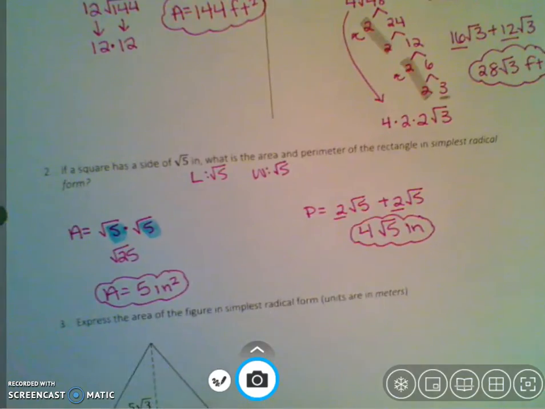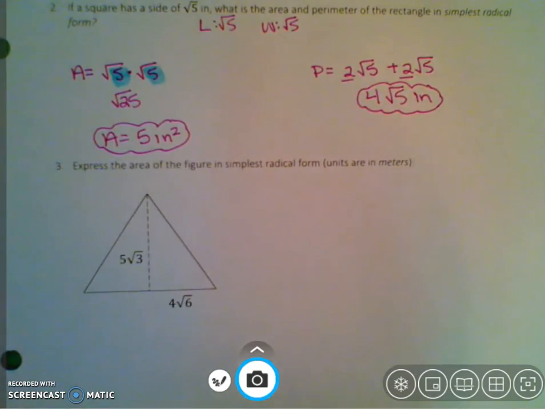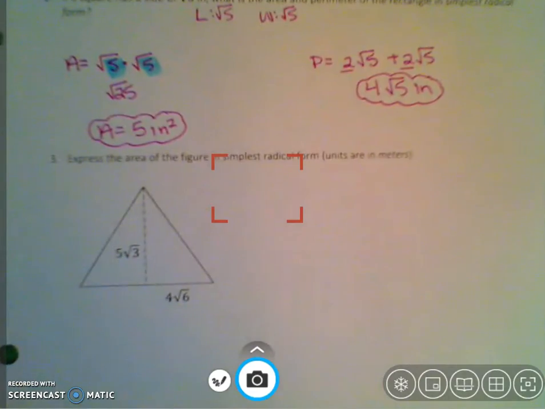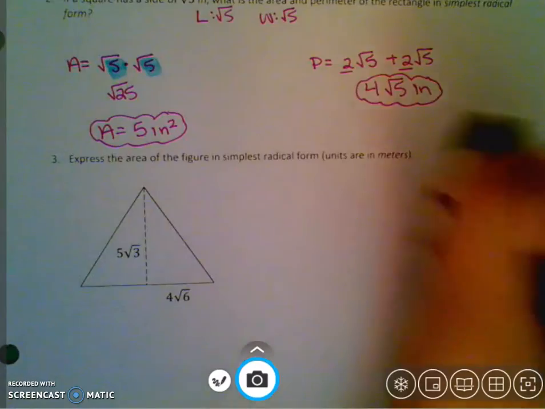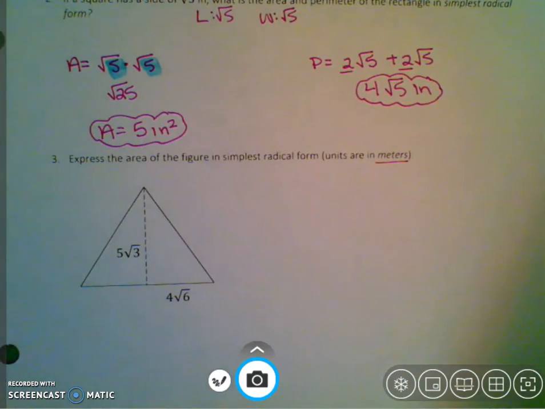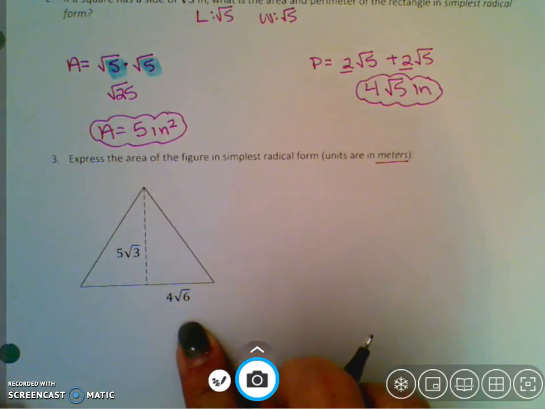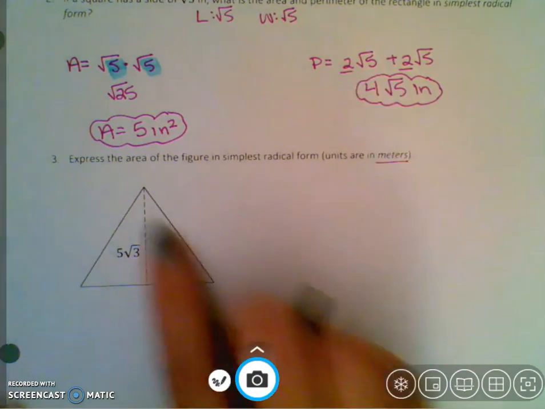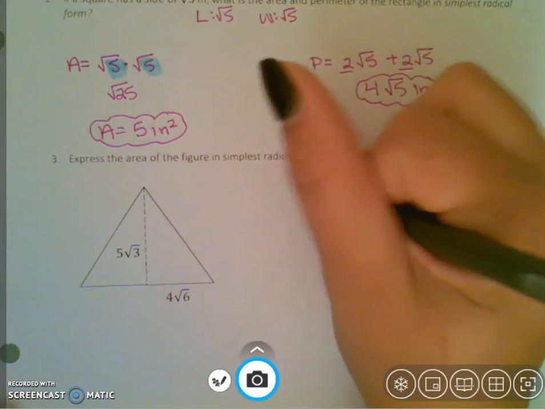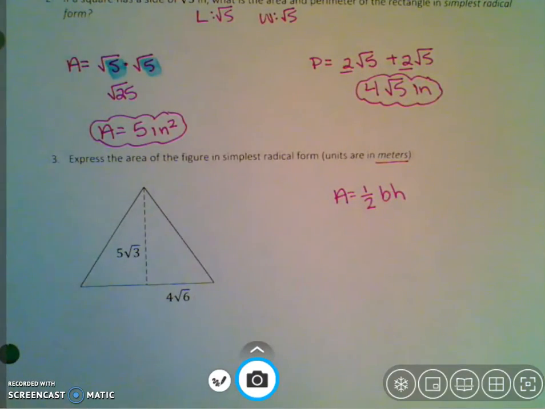Okay, let's go down to this triangle. It says express the area of the figure in simplest radical form. Units are in meters. Okay, so area for a triangle, it didn't give it to you, but I'm pretty sure it's on your EOC sheet, the area is 1/2 base times height.